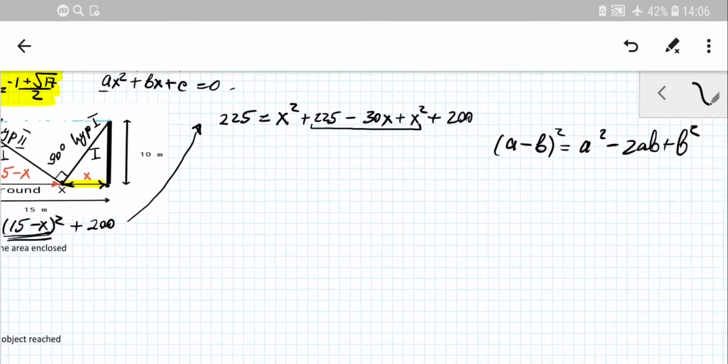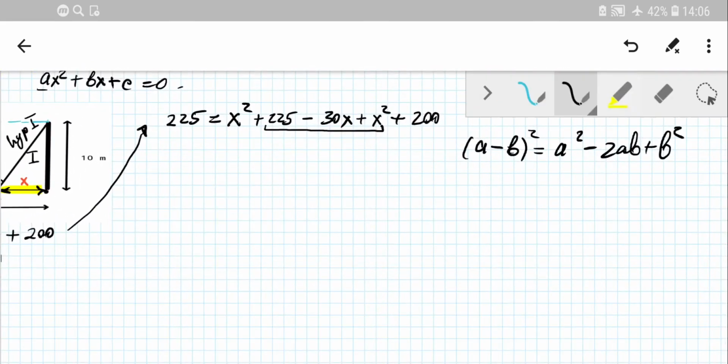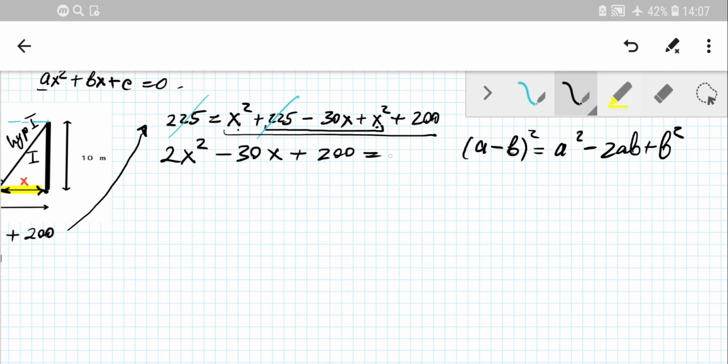Okay, so I can see 225 on both sides. If I transfer, that will be cancelled. So I consider the right-hand side of the equation. x squared and x squared give 2x squared, then minus 30x, and then I add 200, equals 0.